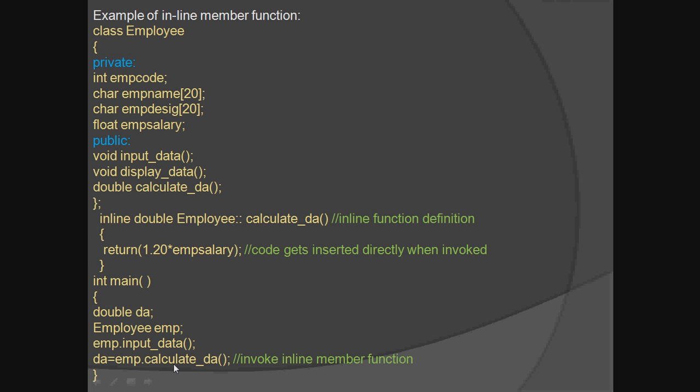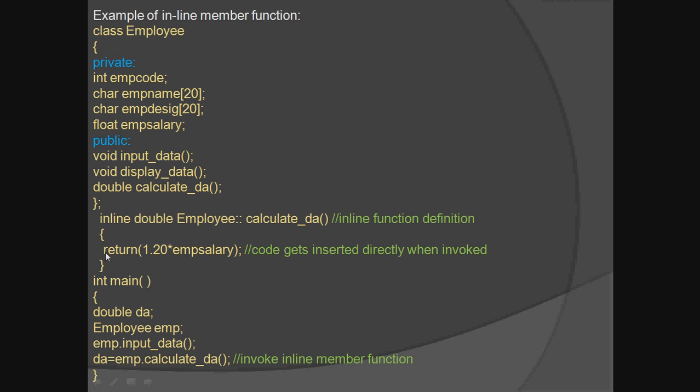So when the calling function invokes the called function, this function body gets directly copied here. This function body gets directly copied when this inline function gets invoked. So it does not need to go to and fro.